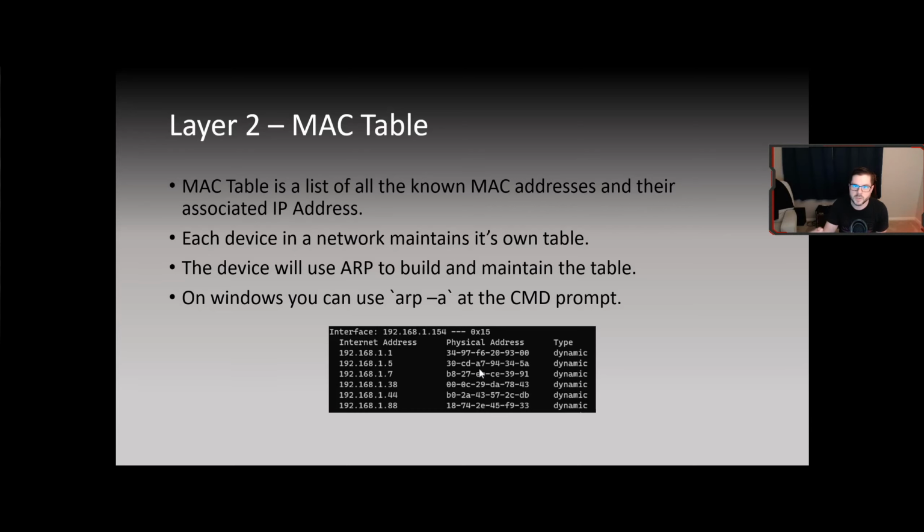And if somebody connects and doesn't know where another device on the network is, if they're on the same subnet, they can send the traffic directly to that device. So they'll send out an ARP request saying, hey, who has this IP? And somebody will reply, I have it. And so then they'll send it to them. On Windows, you can use arp -a, similar to the route print, to get your information, just like I did below.